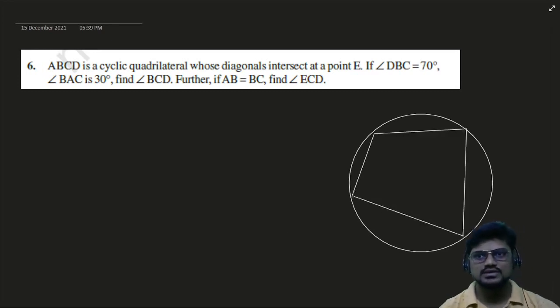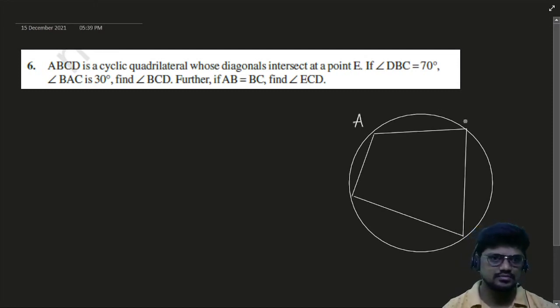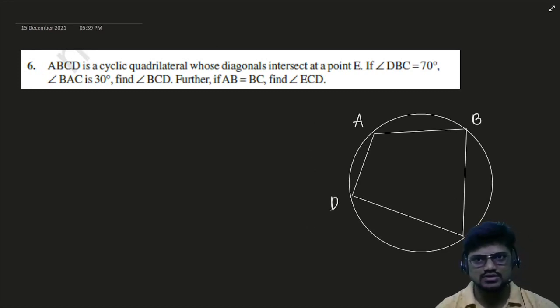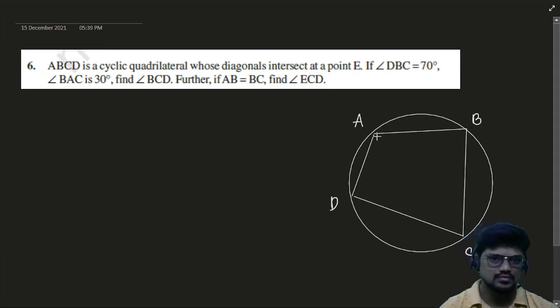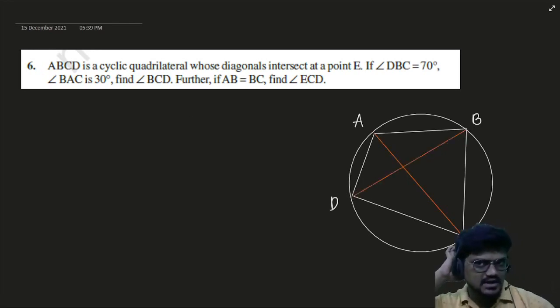Okay, and if I say this is ABCD, now what they are saying, ABCD is a cyclic quadrilateral whose diagonals intersect at point E. If I draw diagonals to this, okay, these diagonals intersect at which point?